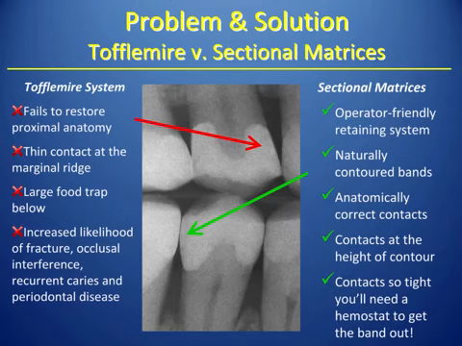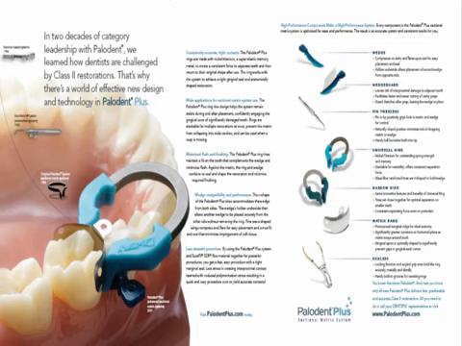I'm sure our sales group can provide you guys with some really nice literature. Here's just the layout of all the individual Palodent Plus pieces and all the individual components, from both the wedges and the wedge guard to the pin tweezer, which doubles as a ball burnisher, and I'll show us a slide on that in a moment, to both the narrow and standard rings, which really speak to the versatility of the system to be able to handle basically any challenge or any application into the mouth.